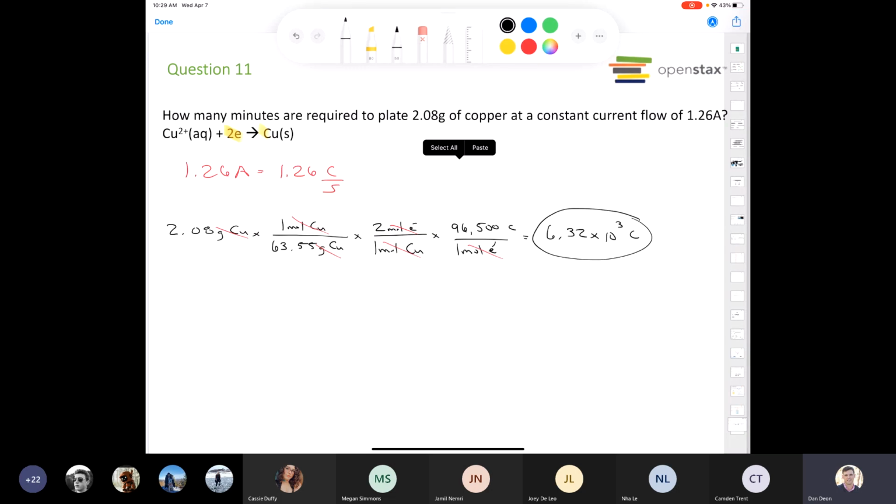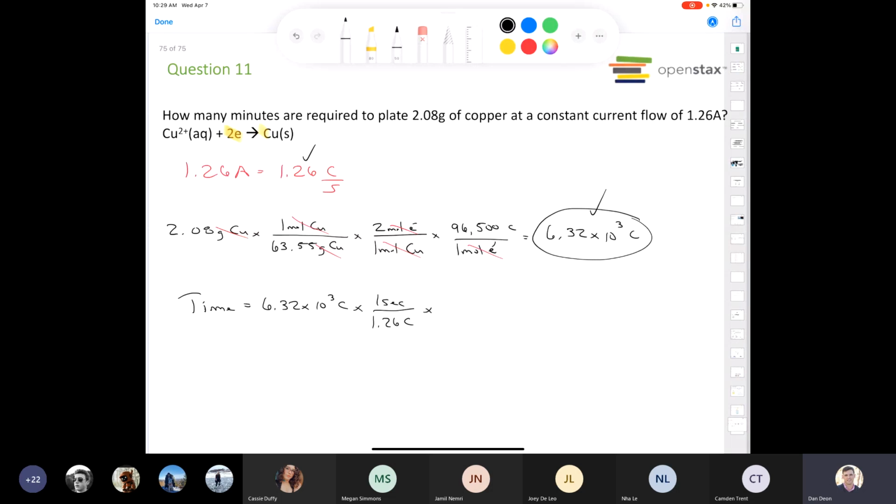Well, if I know the amount of charge required and the number of amperes of current flowing, all I have to do is solve for time. I'm going to take my 6.32 times 10 to the power of 3 coulombs. I've got 1.26 coulombs for every 1 second.